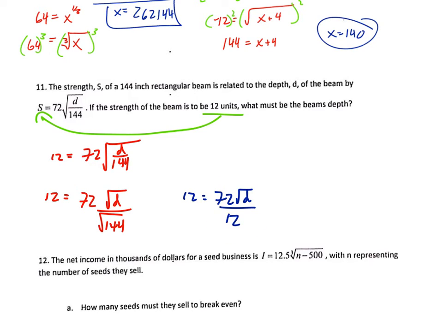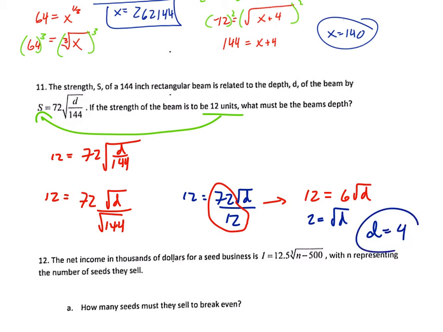So if I rewrite this now, it turns out to 12 equals 6 times the square root of d, because the 72 divided by 12 gave me my 6. We can divide 6 from both sides and get 2 equals the square root of d. And then square both sides and you get d equals 4 for your answer here.